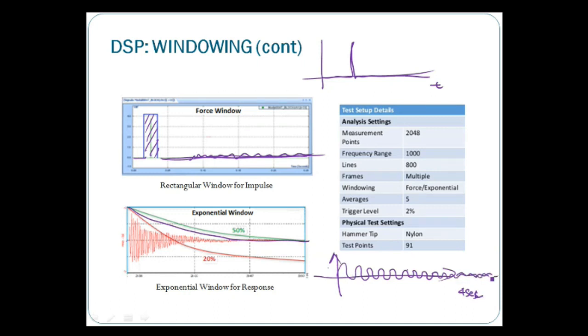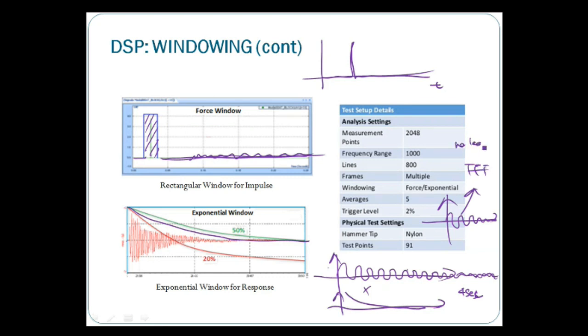It doesn't die down to 0, right? So if you multiply with an exponential window, then you can suppress it, so it goes to 0 faster. So this one sent to FFT has no leakage.